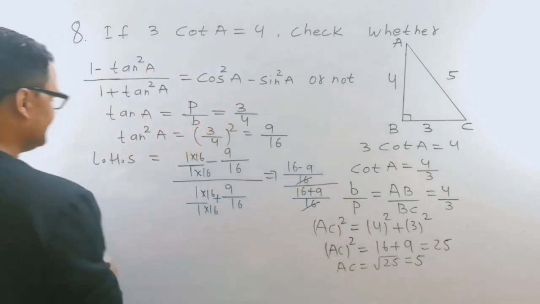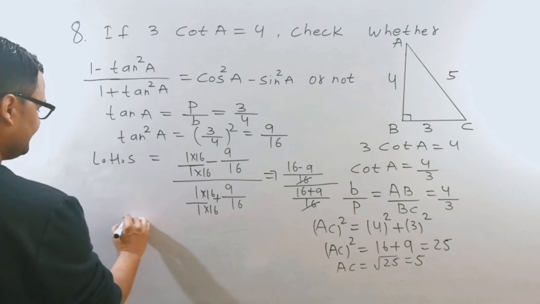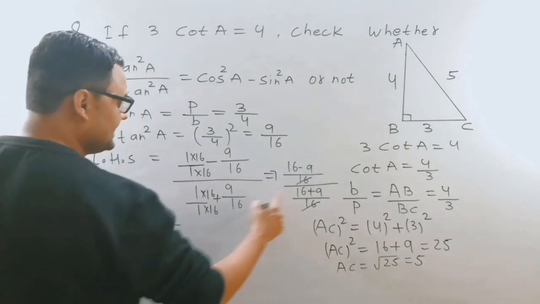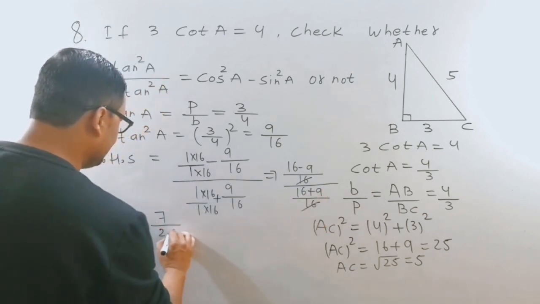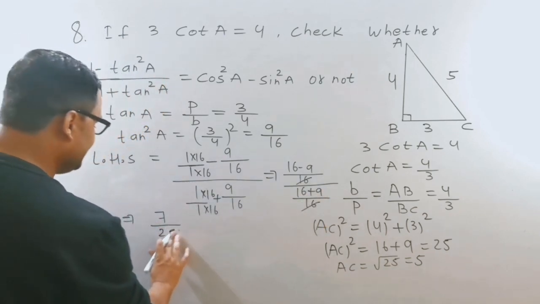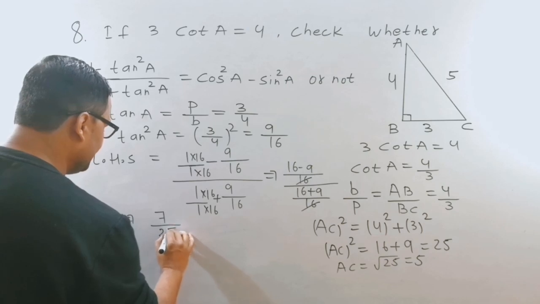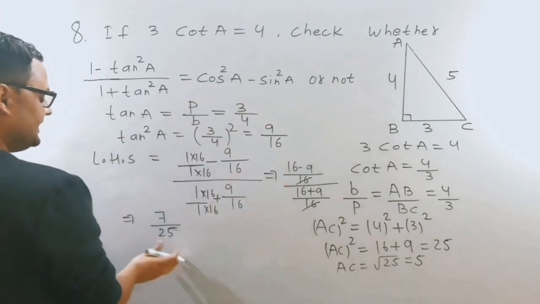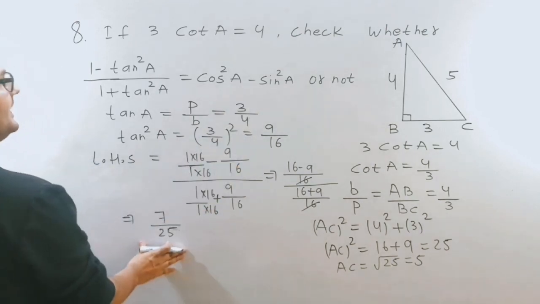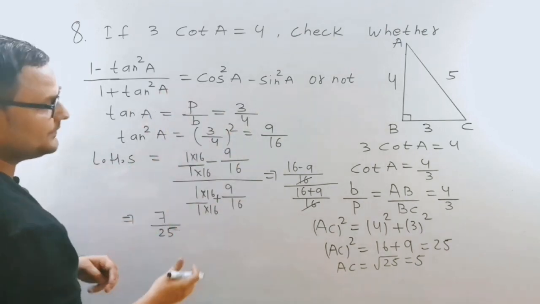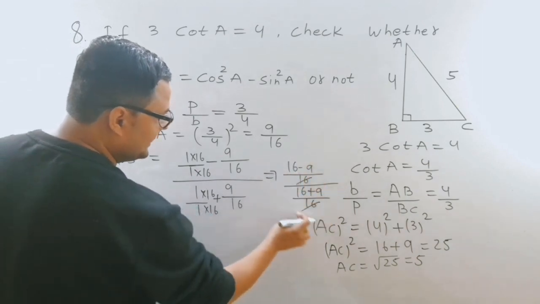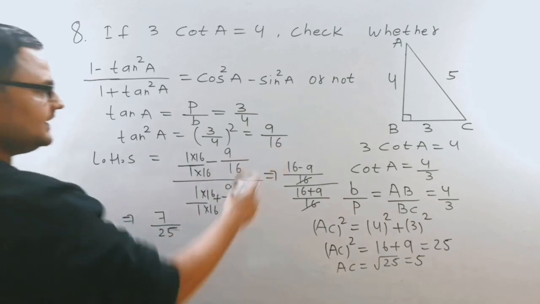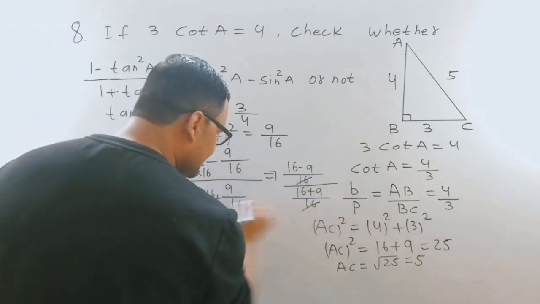This 16 got cancelled. Now 16 minus 9 equals 7 and 16 plus 9 equals 25. It means the LHS is 7 by 25. Now, we have to find the RHS. If the RHS is also 7 by 25, then it's yes, otherwise no. Someone may have a doubt in this one, how 16 and 16 got cancelled. It is because this and this are equal.